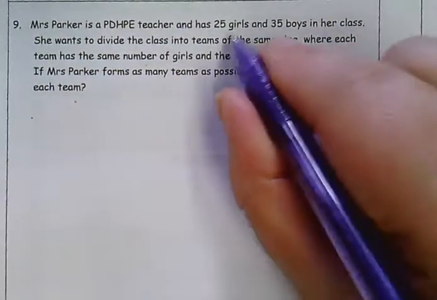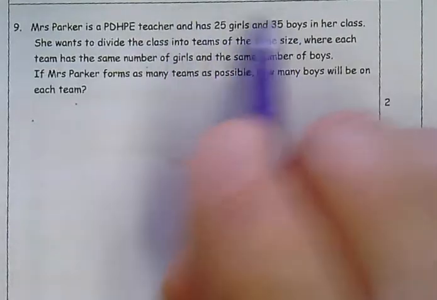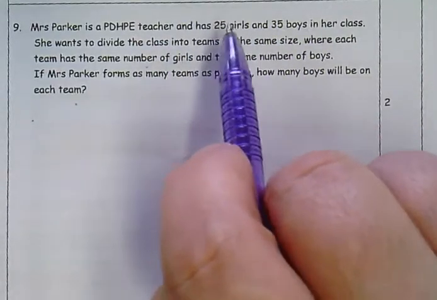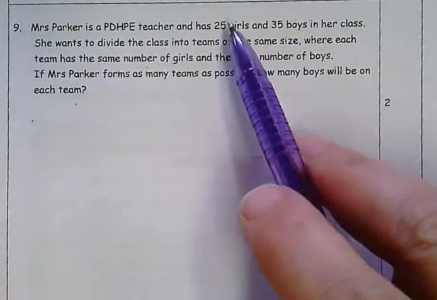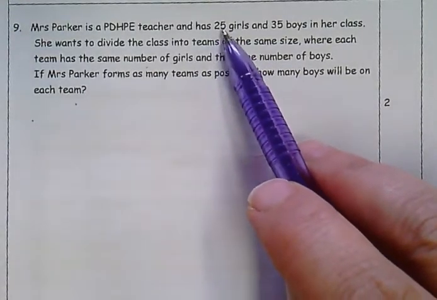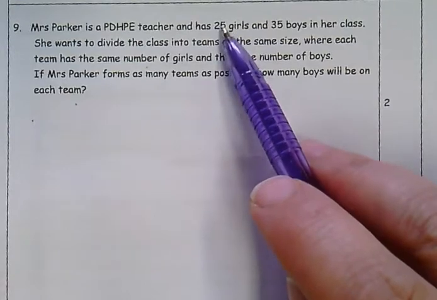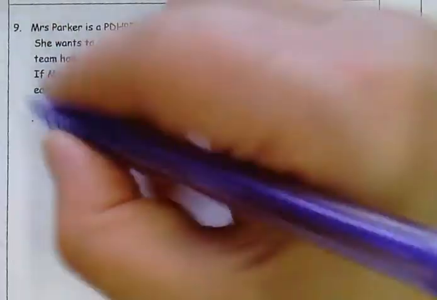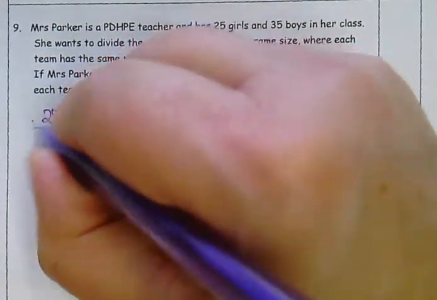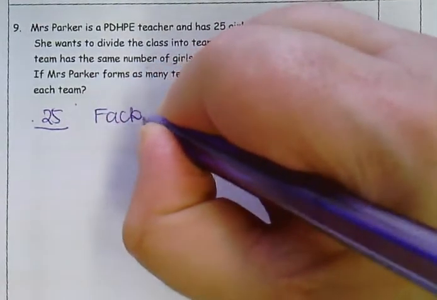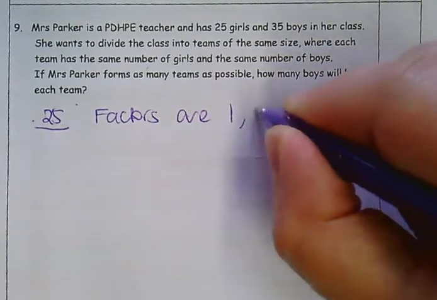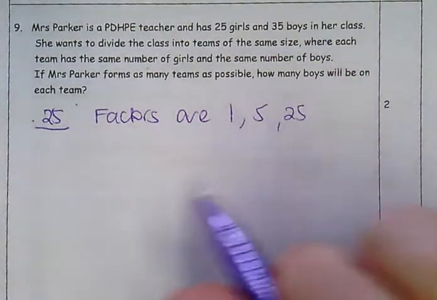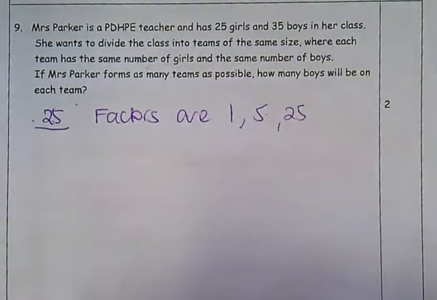but each team would have to have that. So now she's got to be able to divide this whole class up evenly, and we need to see the factors of 25 and 35 that are in common. So if we look at 25, the factors are 1 and 25, and 5 times 5 is 25. So that means I can divide 5 into 25.